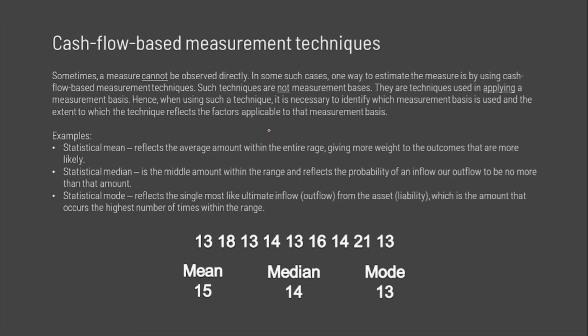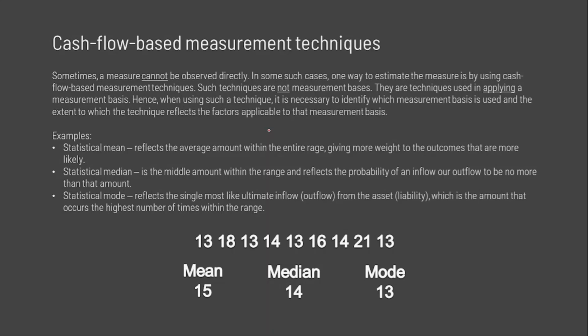Accordingly, when using such a technique, it is necessary to identify which measurement basis is used and the extent to which the technique reflects the factors applicable to that measurement basis. When making an estimate from a range of possible outcomes, the single amount that provides the most relevant information is usually one from within the central part of the range, which is a central estimate.